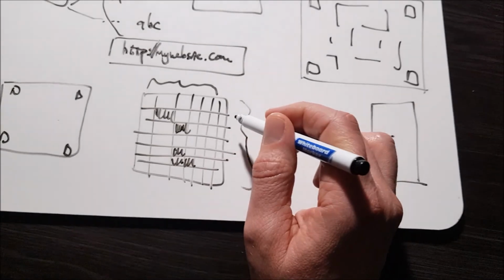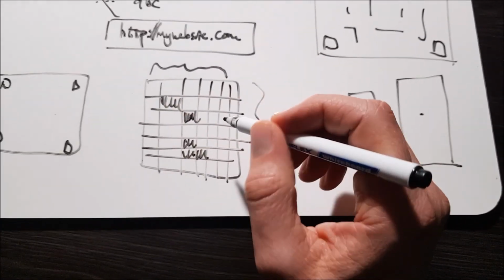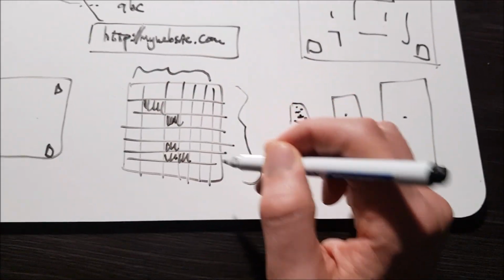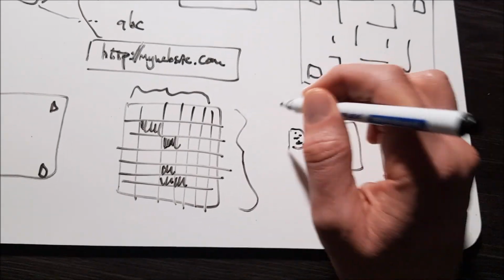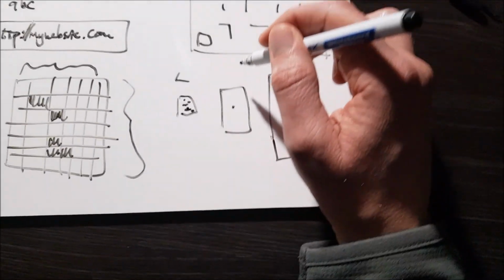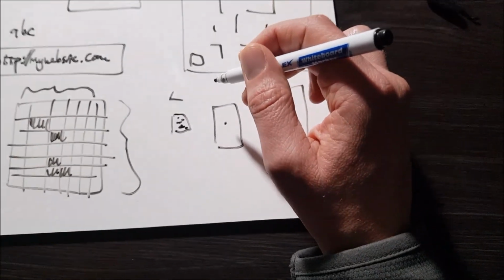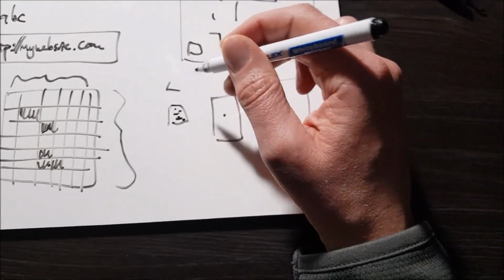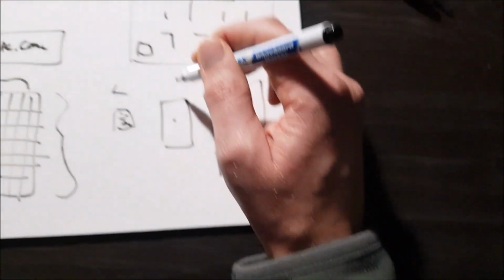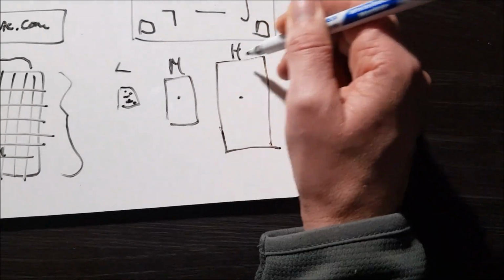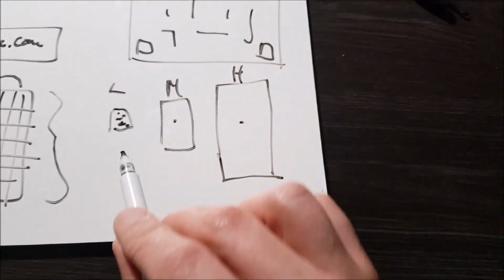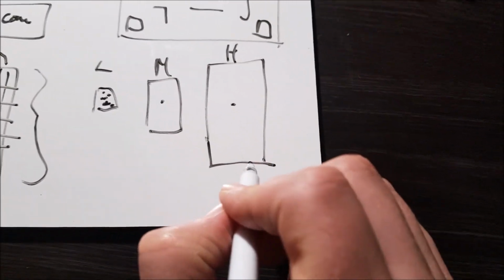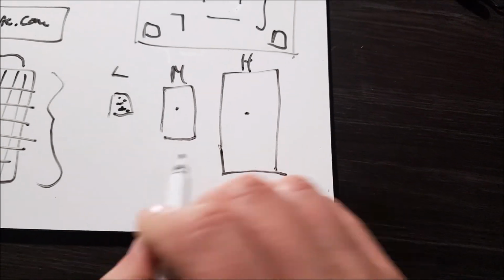So it's not the physical size of the QR code, but the amount of detail that is in the QR code. So this is, for example, a low detail QR code. This is a medium, this is a high. I'll go into more detail about the different QR codes at a different stage.